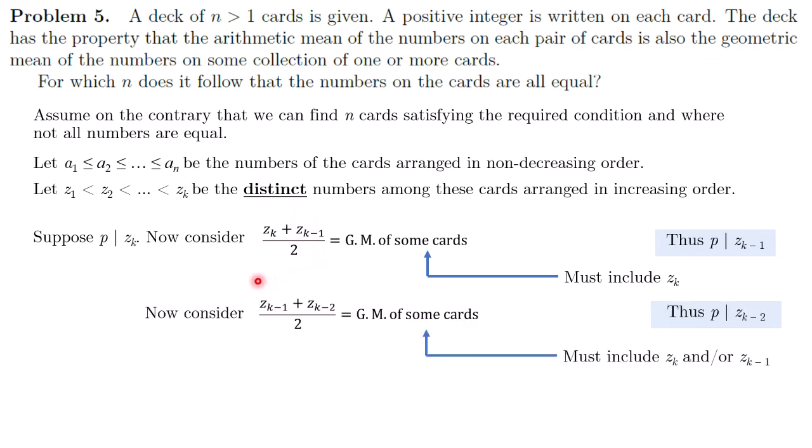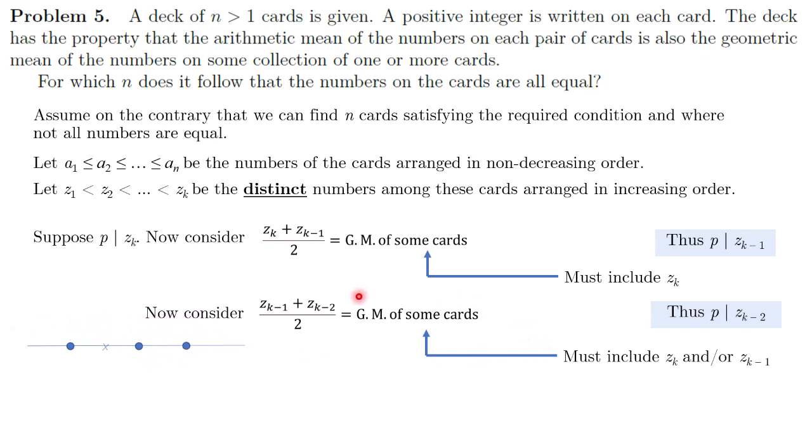And now we look at the arithmetic mean between the second largest number and the third largest number. Here's an illustrative diagram with the second largest number, third largest number, and the arithmetic mean. Again, this is supposed to be equal to the geometric mean of some cards, but we cannot just throw in cards to the left of the cross and expect the geometric mean to be the cross. We need to throw in some cards to the right as well.